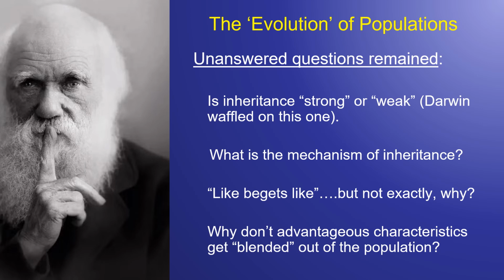Now, there was someone out there that had some of the answers, and you've probably heard this name before, Gregor Mendel. Mendel was around at the same time as Darwin, and he had come up with what we now call Mendelian genetics, but no one appreciated what Mendel had.